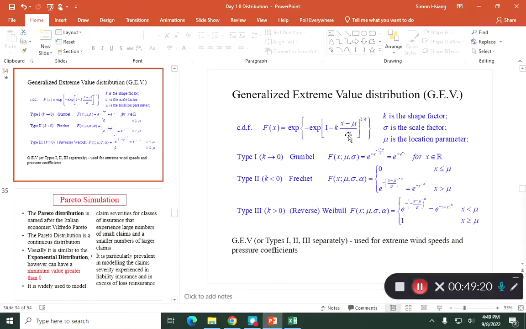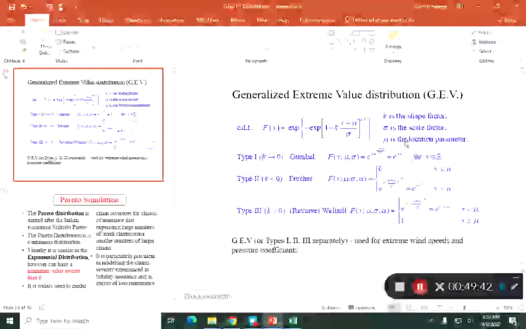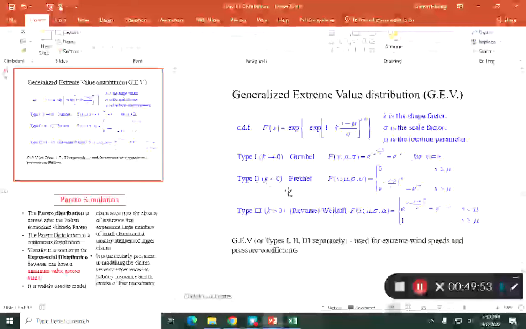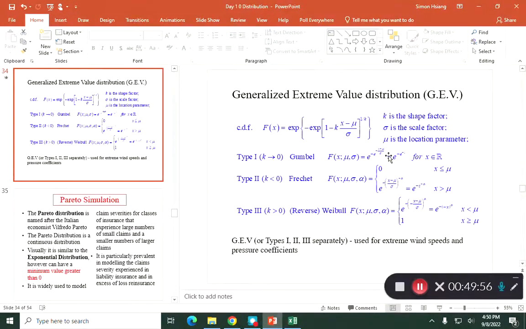Inside the exponential is 1 minus k times x minus a mean value divided by sigma, you normalize the z-score, and you have that proportional with your shape parameter. Okay, k is your shape parameter. Sigma, they call it scale parameter. Basically, it is the standard deviation you use, and mean value is the height. Okay, by turning this distribution into k approximately 0, k less than 0, k greater than 0, you have three families of the distribution.